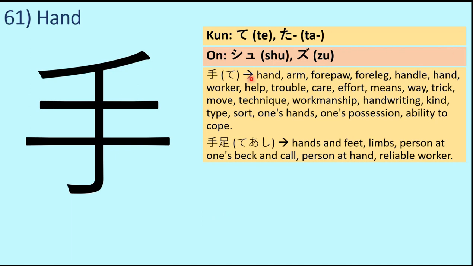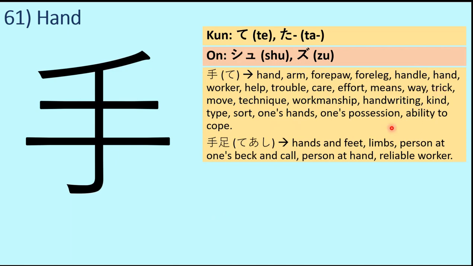So these meanings are applicable according to the usage. For example, the generic meaning is hand, but this symbol may be used to represent workmanship or handwriting or even trick.